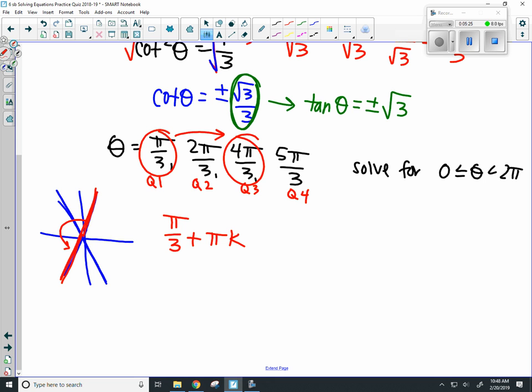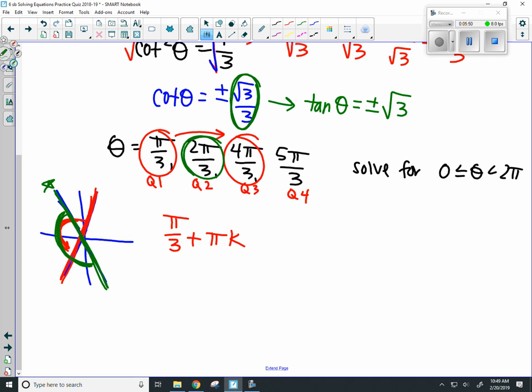Because again, if I add pi, like you see here, to pi over 3, it will give me the other angle. So there's no reason for me to have to rewrite the 4 pi over 3, because this formula takes care of it. Similar thing's going to happen with the 2 pi over 3. 2 pi over 3 is right here. 5 pi over 3 is right here. As you can see, these angles are exactly pi away from one another, or 180 degrees.